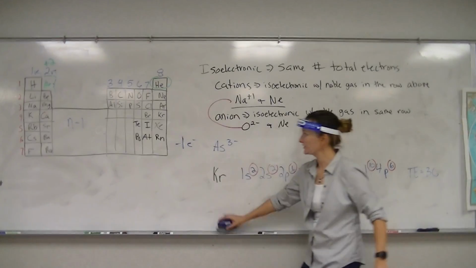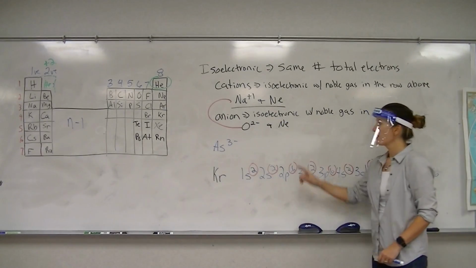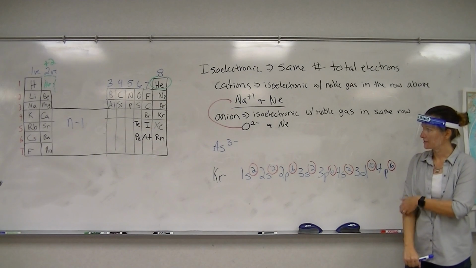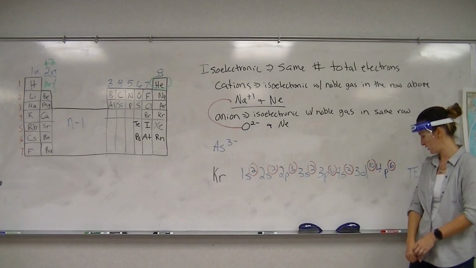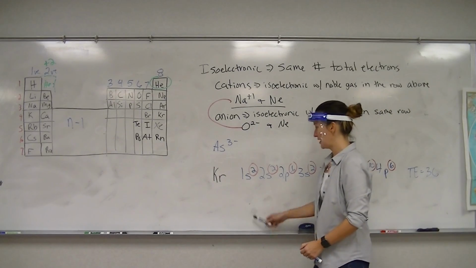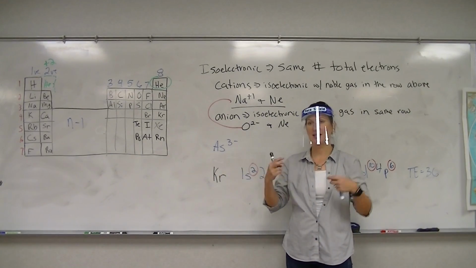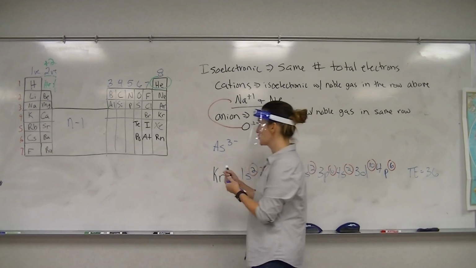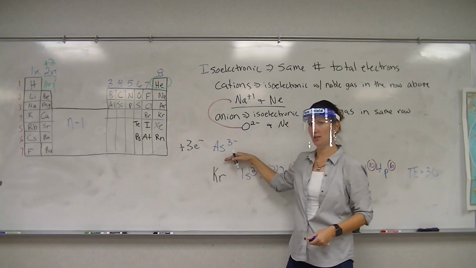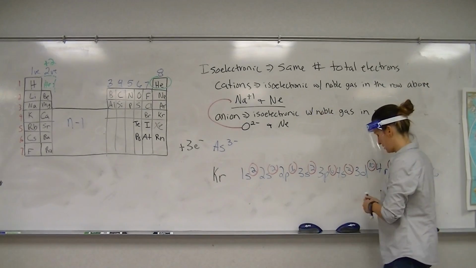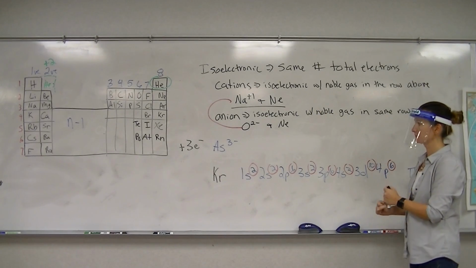So now, let me erase this. Arsenic, 3 minus. So did it lose 3 electrons or gain 3? Gain 3. So that 3 minus, the negative means it gained 3 negative charges. So we're going to add 3 electrons to the neutral version of the arsenic electron configuration.